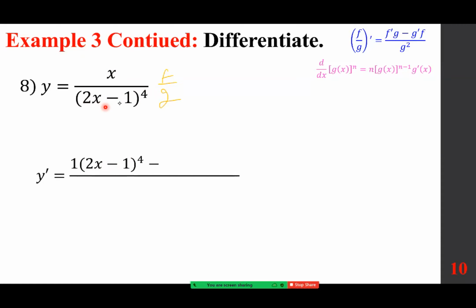What is the derivative of the bottom? I use the extended power rule. 4 times (2x minus 1) cubed times the derivative of the inside, which is 2, and then times f, which is x. This is g prime. And I just write this one, and I want to raise it to the second power, so 4 becomes 8.